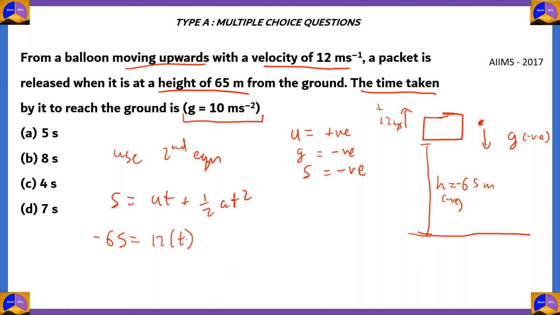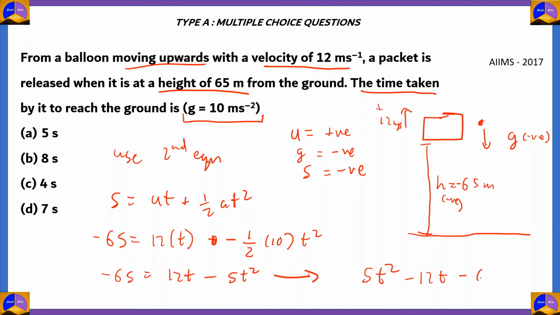So 12 times t, because we don't know the value of t. That is the variable. And then since g is negative, we take the second term as minus half into the value of g, which is 10, times t squared. So minus 65 is equal to 12t minus 5t squared. We can write this equation as 5t squared minus 12t minus 65 is equal to 0. So now we've converted that equation into a quadratic equation of the form ax squared plus bx plus c is equal to 0.